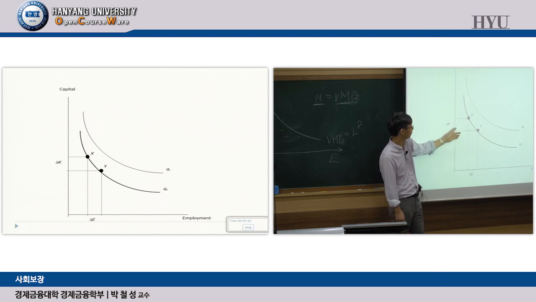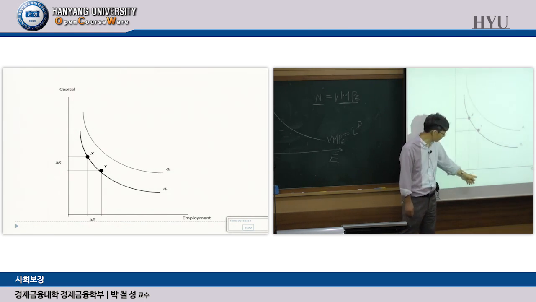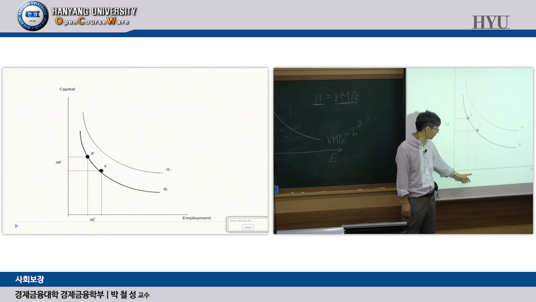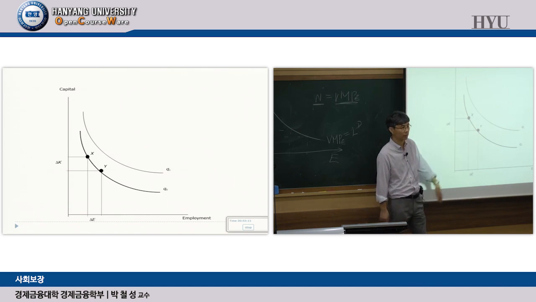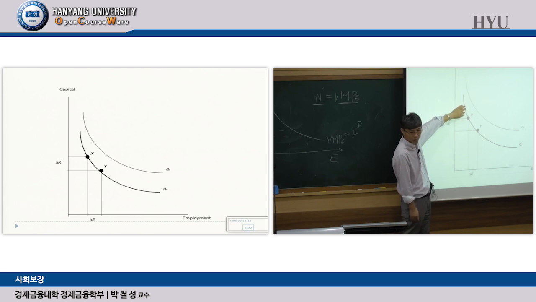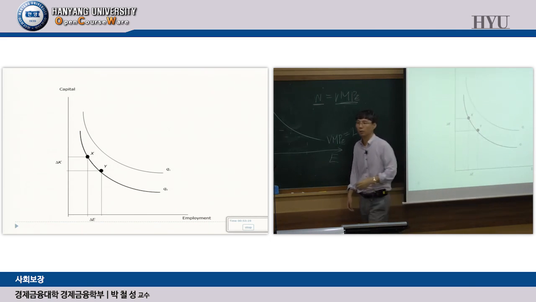For example, if they reduce the capital by delta K, and increase labor input by delta E, then you get the same output. Then X and Y give you the same output, so we can say that X and Y are on the same isoquant curve. You can map out all the points that give you the same output, and then we call it the isoquant curve.